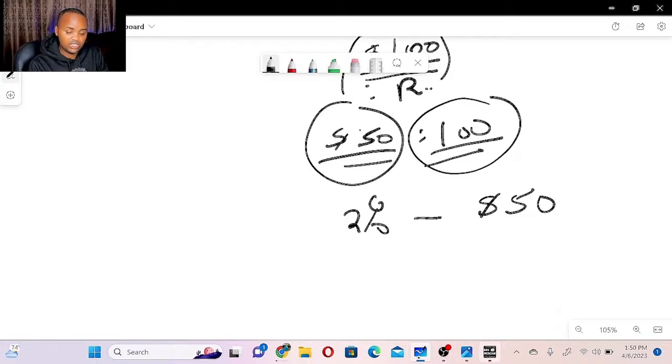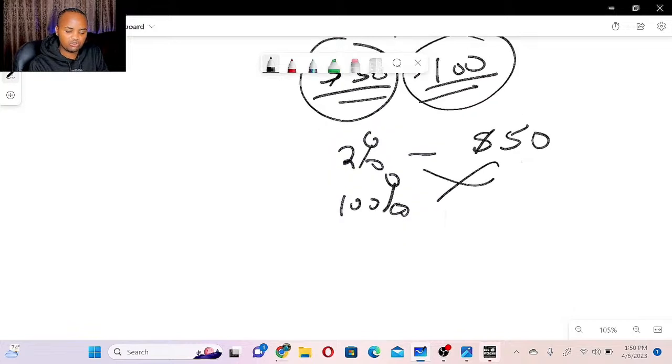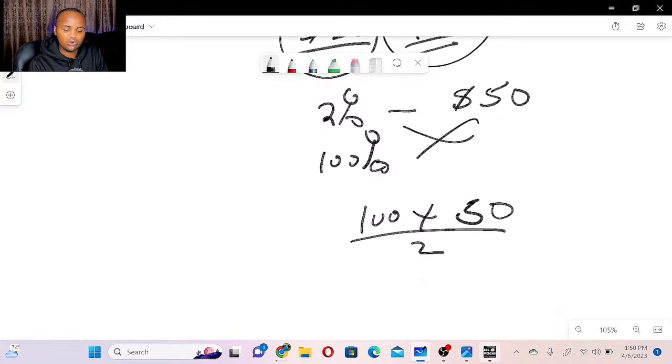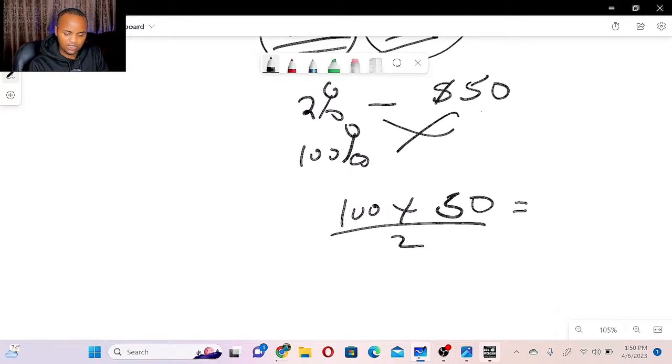So this is how you have to follow this. Remember, this is 2%. What about 100%? To see how much your account is worth, you cross multiply right here and you get 100 times 50 divided by 2, which is 5,000 divided by 2, which is $2,500.